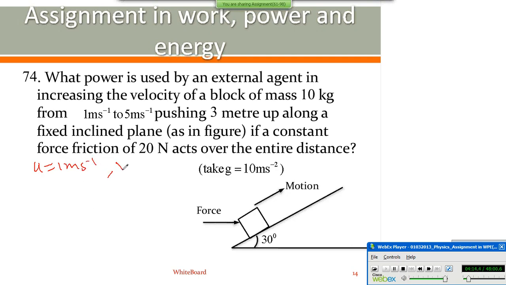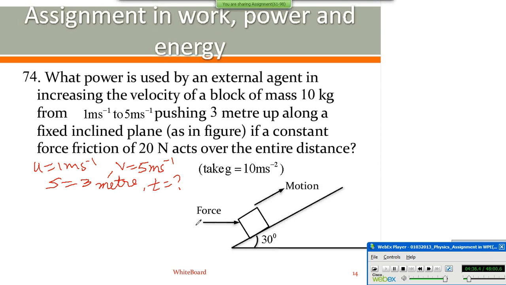Because the retarding force due to friction is constant, and the gravitational force is also constant, you may assume that the block moves up along the inclined plane with a constant acceleration. You have to find the time of motion to find the power.